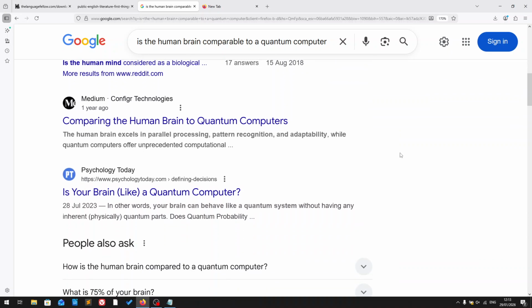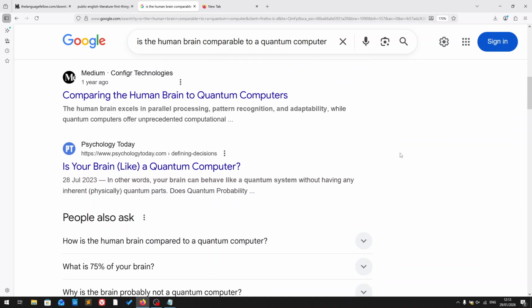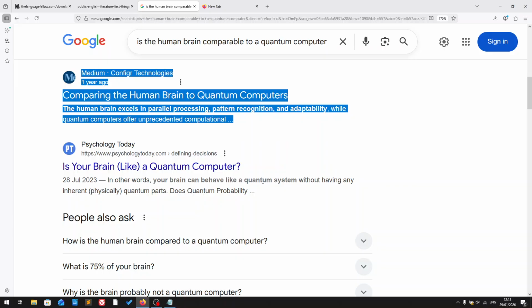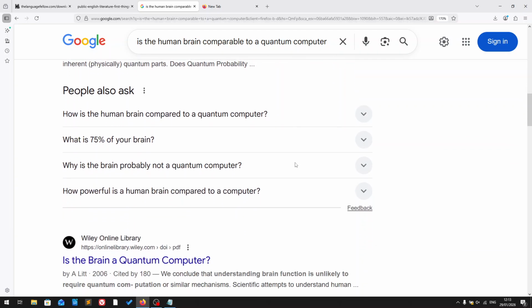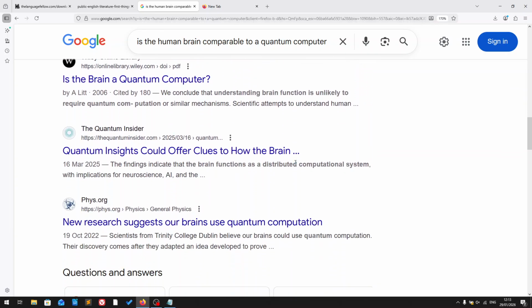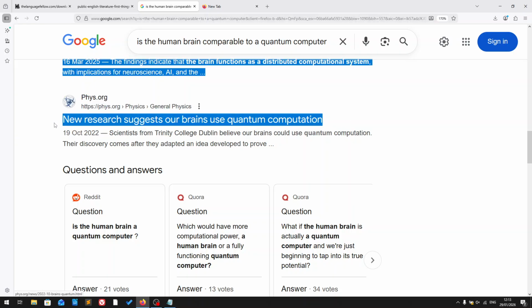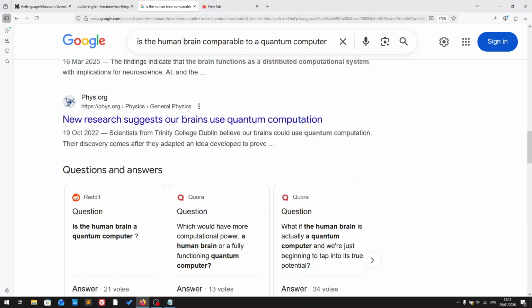So that is the idea. Again, psychology has something to say on it as well. And new research suggests our brain uses quantum computation. That's October 2022, before ChatGPT was released.